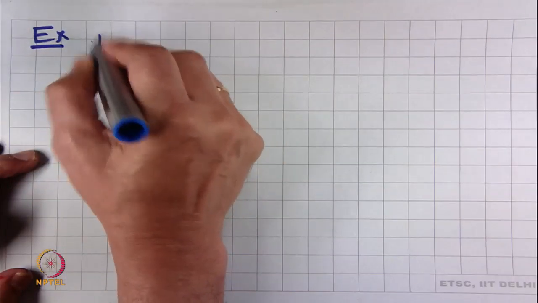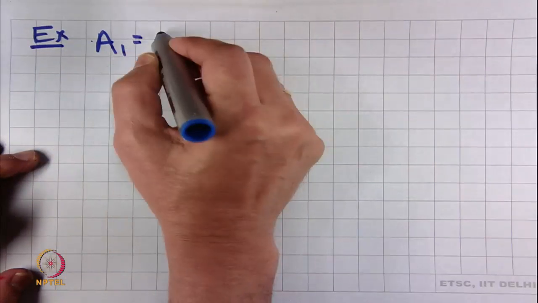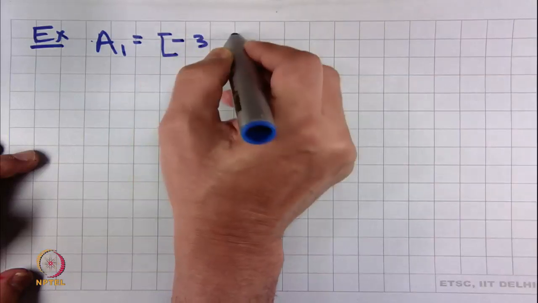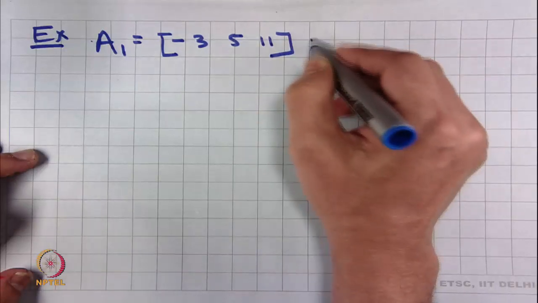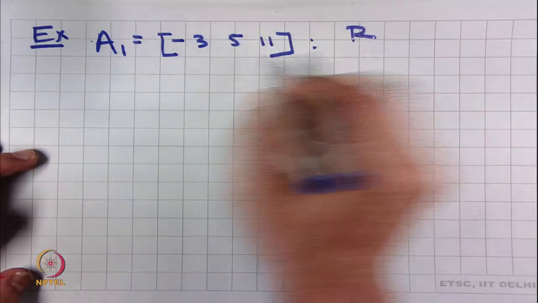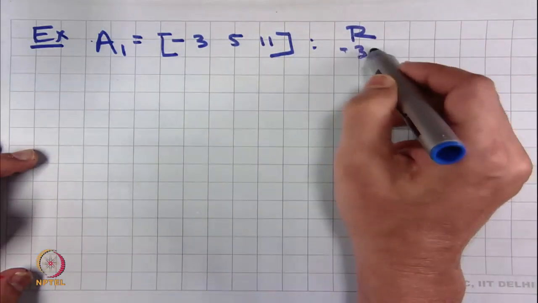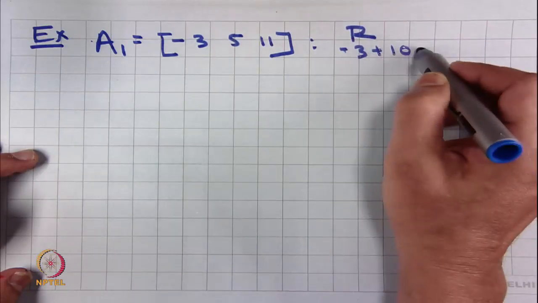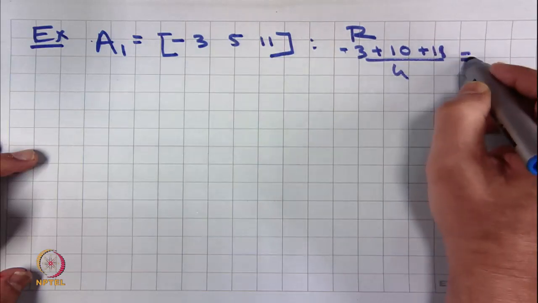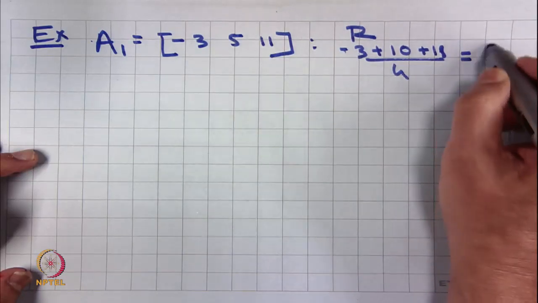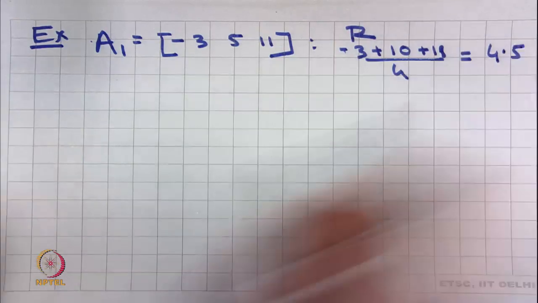Consider A1 is equal to minus 3, 5, 11. Its R is minus 3 plus 10 plus 11 upon 4, which is equal to 4.5.